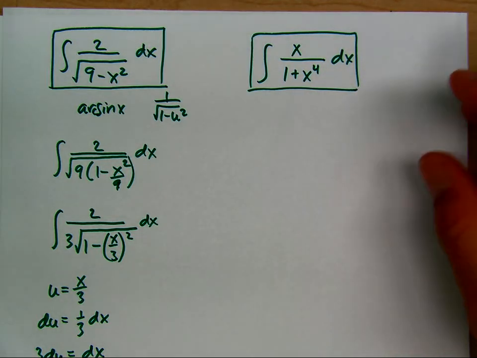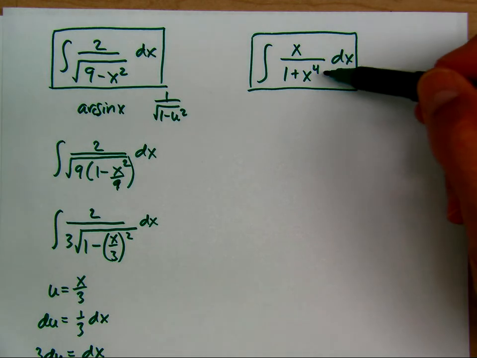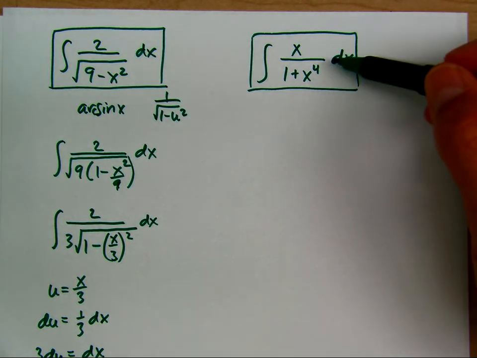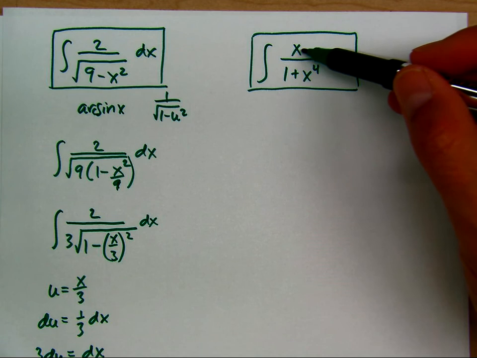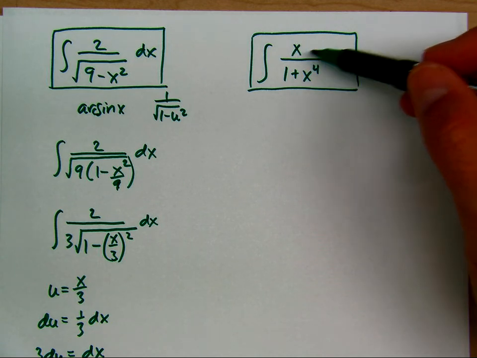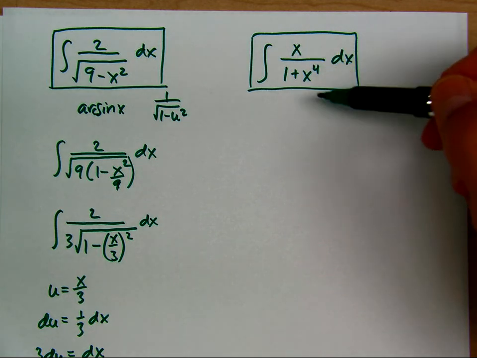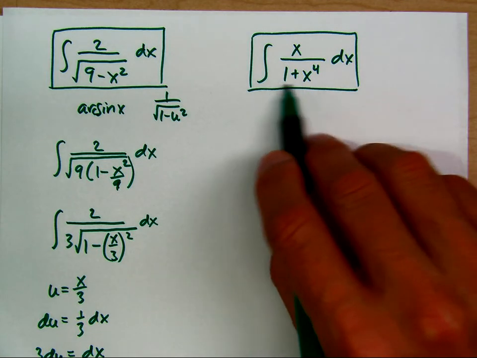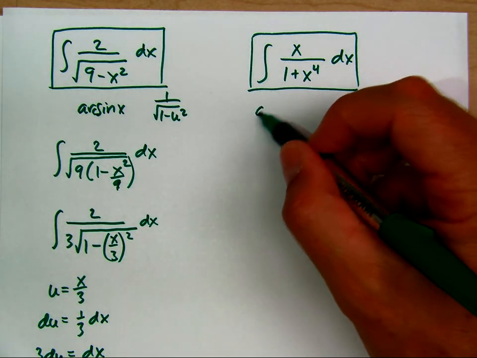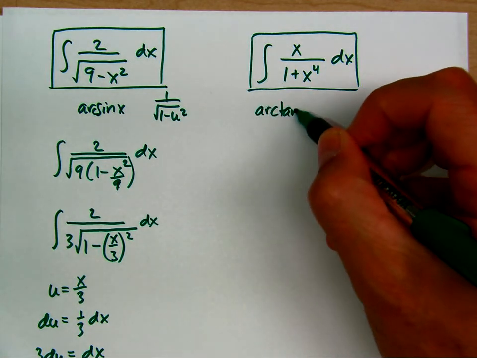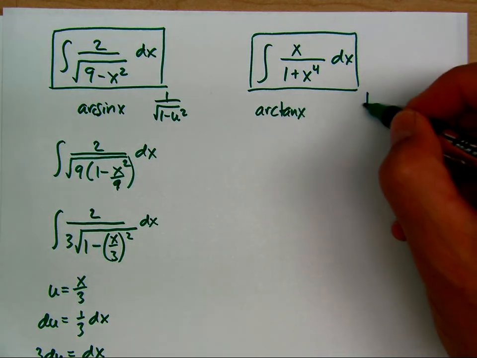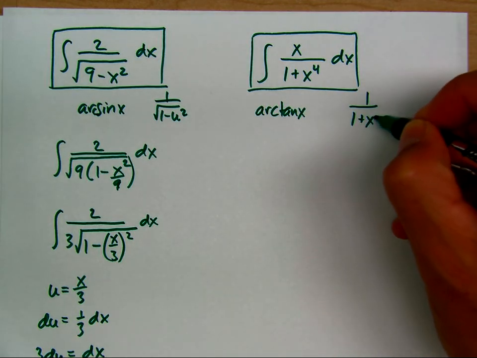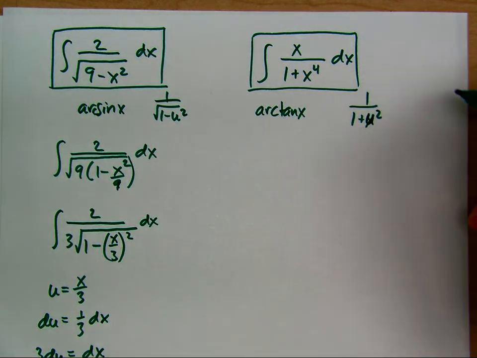So here we might not recognize a pattern for an inverse trig integrand, but maybe that x throws it off. Sometimes with substitution you just have to try it and see if it works. Since we don't have a radical in the denominator, let's focus on looking for arctangent. That means we're looking for 1 over 1 plus u squared.